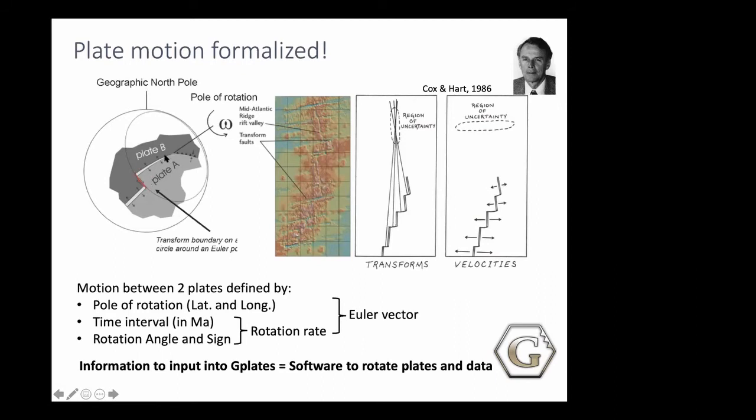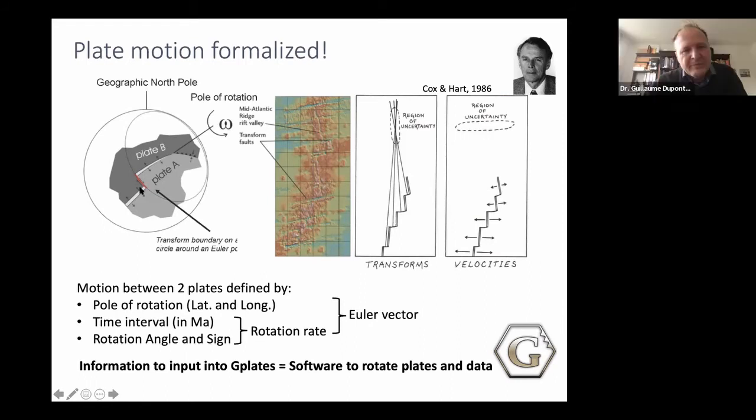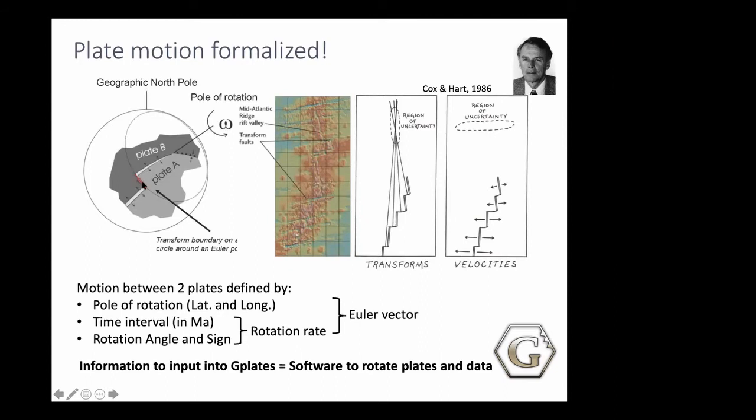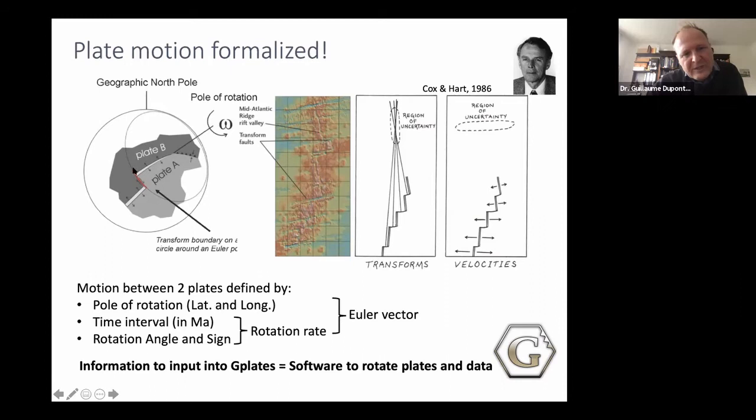So in fact, the plates, when they open up like this, because of the shape of the Earth, they need to shift on these transform faults. You cannot just open one big tear throughout. And so these transform faults, they are along a small circle.